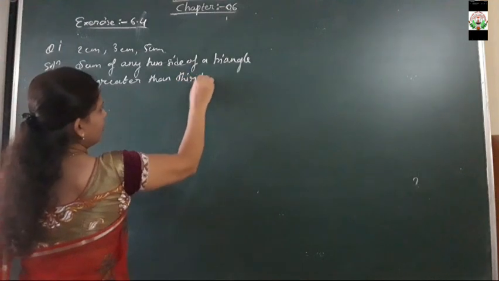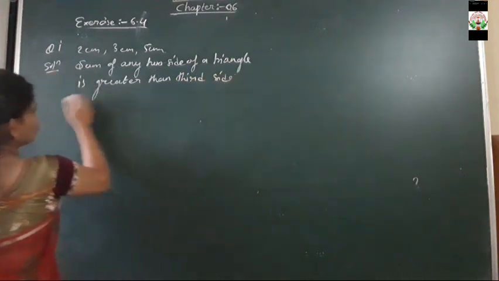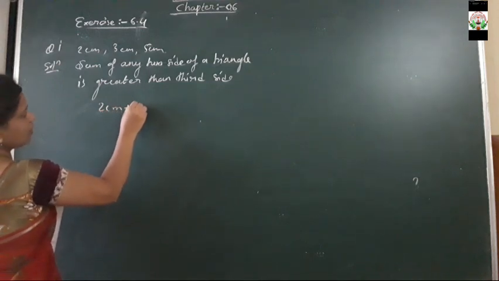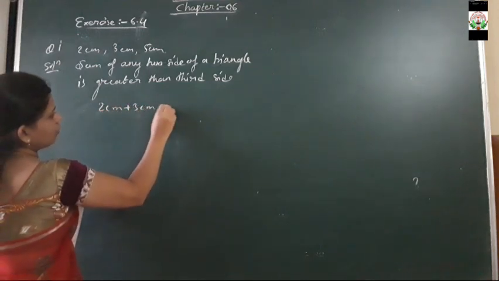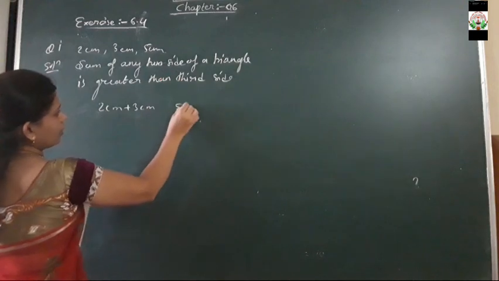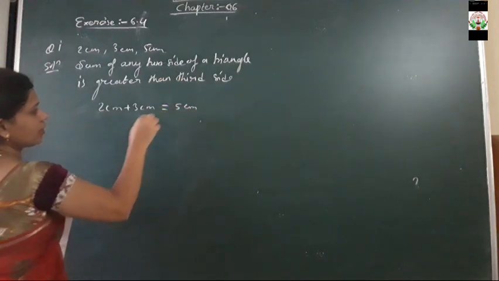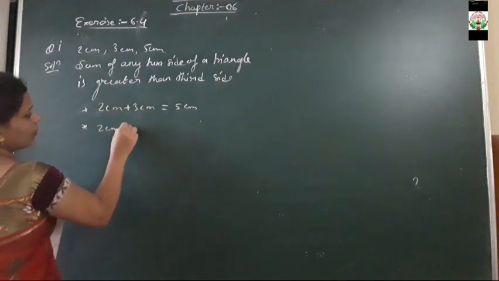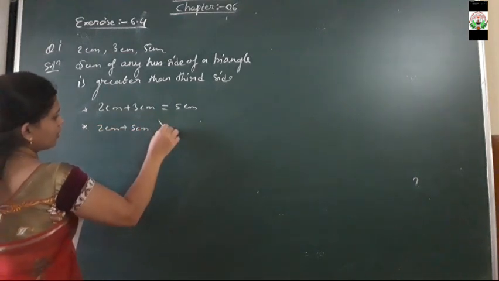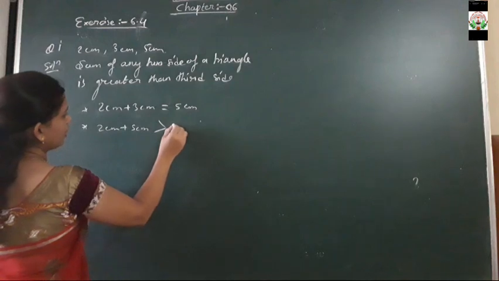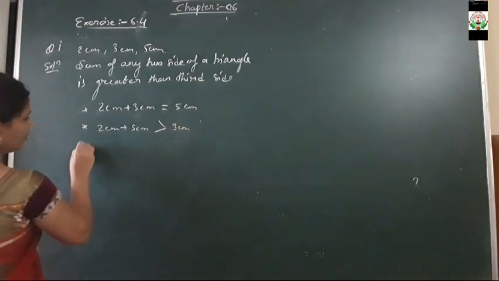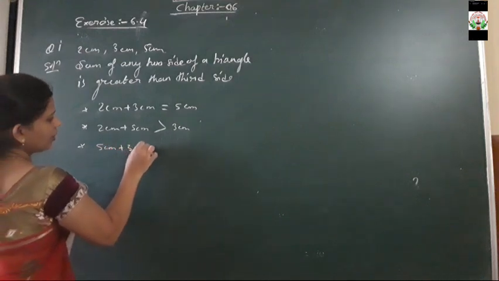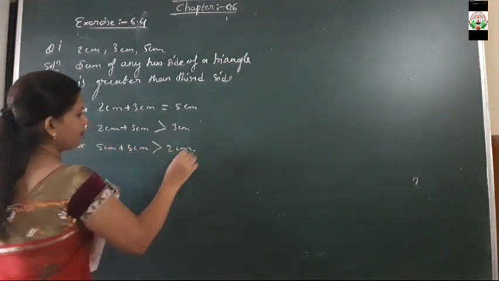So the sum of two sides, 2 cm plus 3 cm, is equal to 5 cm, which is equal. Or for the second part, 2 cm plus 5 cm is greater than 3 cm. Of course it is applicable. Now 5 cm plus 3 cm is greater than 2 cm, applicable.